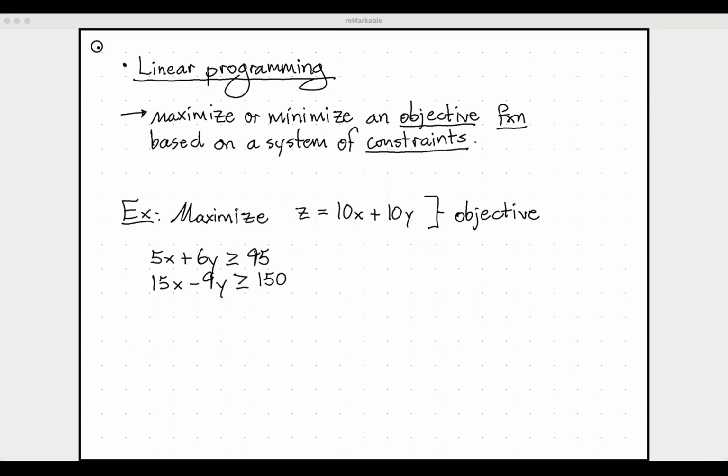X plus y is less than or equal to 42. And then x and y are both greater than or equal to 0.